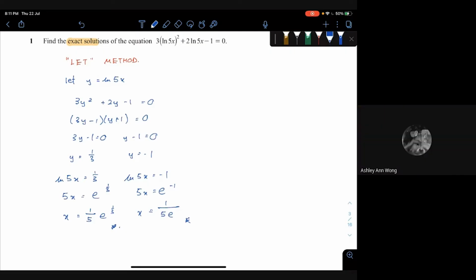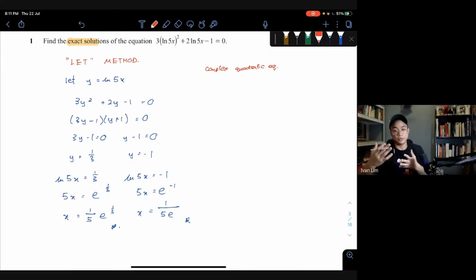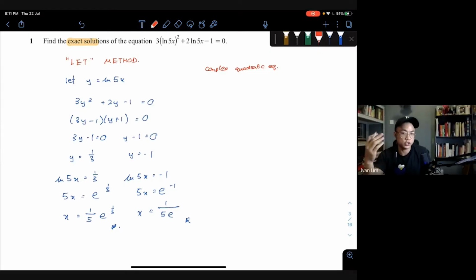Okay, so this falls under complex quadratic equation, the chapter. You can go refer back to that chapter. There are actually I think 4 or 5 different equations where we can change from a non-quadratic to a quadratic equation. Then after that, you just apply your ln.